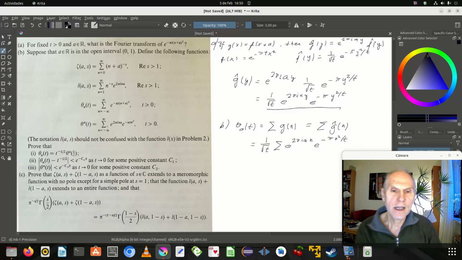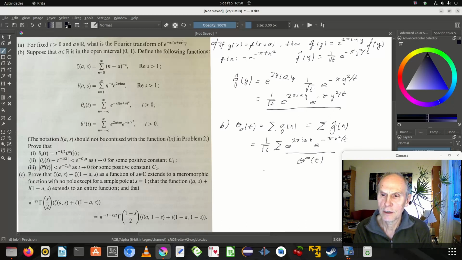Oh, and that's exactly the other function. So this is just theta A of t, we have to take the sum.